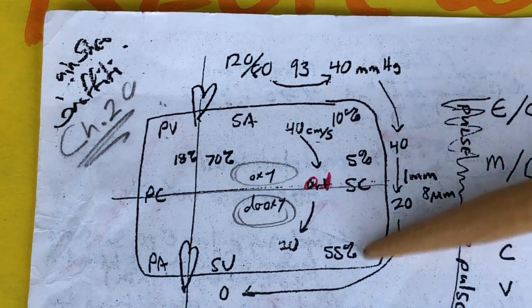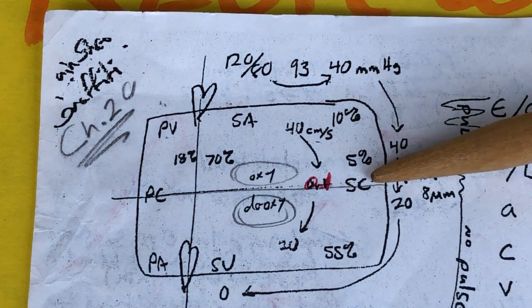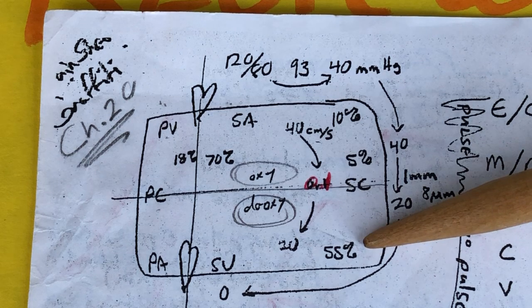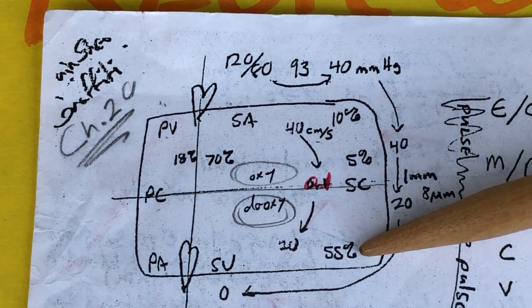Now the significance of these numbers right here is that there is a much larger volume found within the systemic veins than in the systemic arteries or even the capillaries. Because of this, later on we'll talk about something called a venous reserve, how the veins in essence can represent a supply of blood that can be pushed into circulation in the event of a need, such as in compensation for blood loss. More about that later.